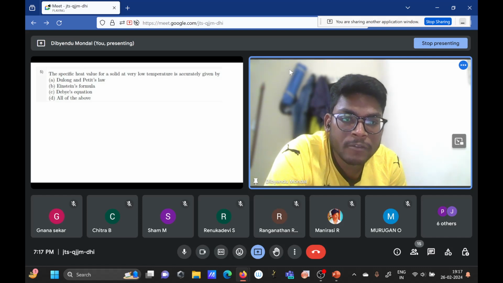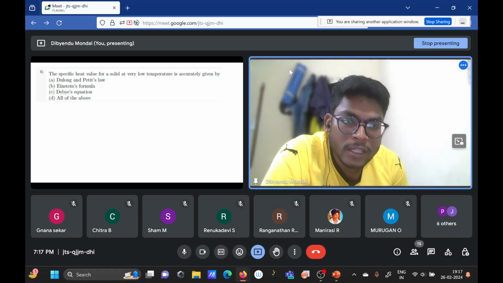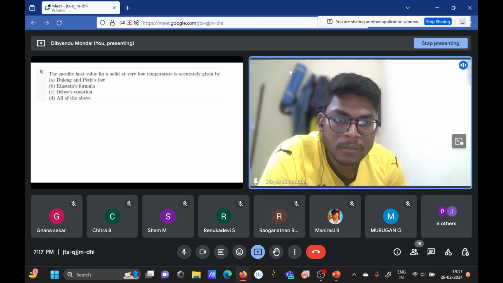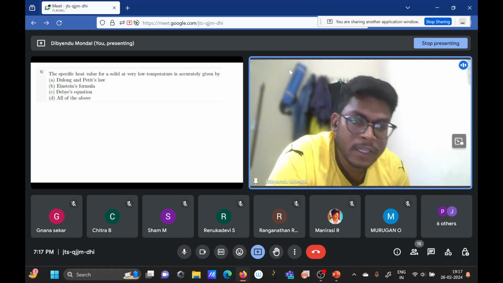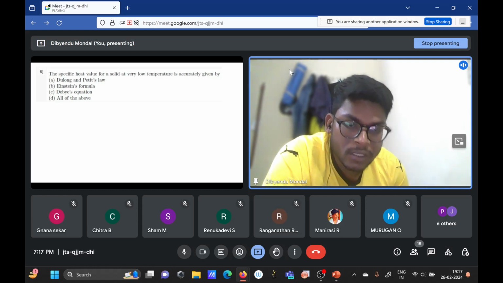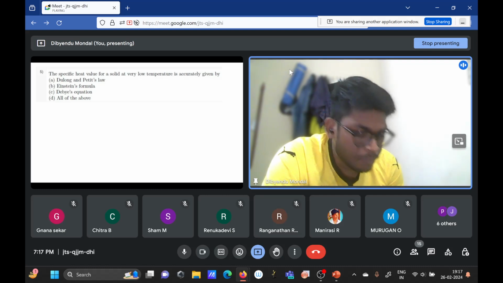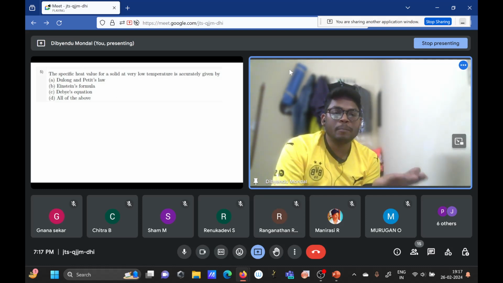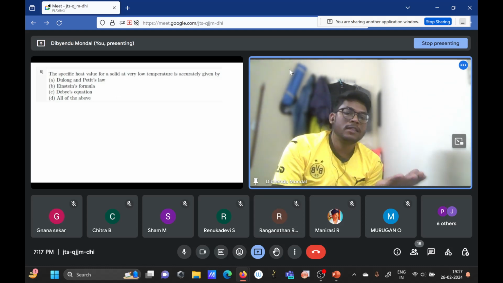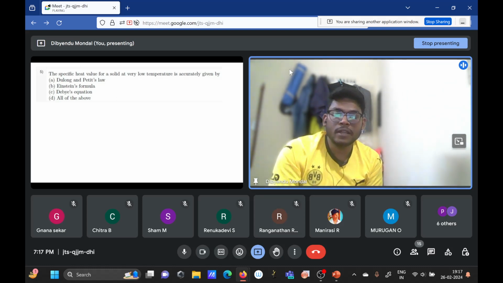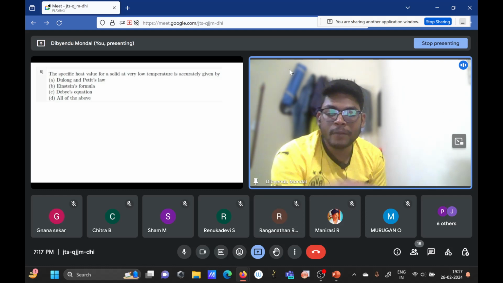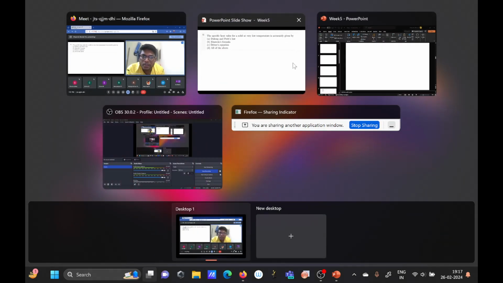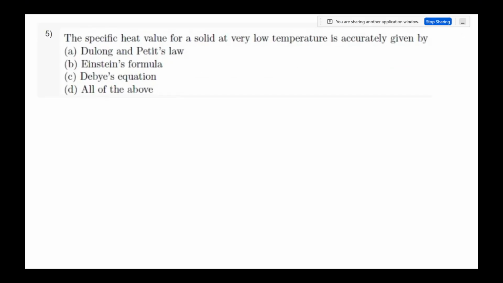There were phonons, as I had told you: if you hit a rod or metal thing, you will hear a clinking sound, or if you hit one side of a frying pan, the other side will also be heated, right? So that's why Debye's equation, Renuka, you are absolutely correct. So this is Debye's equation, this is just theory.